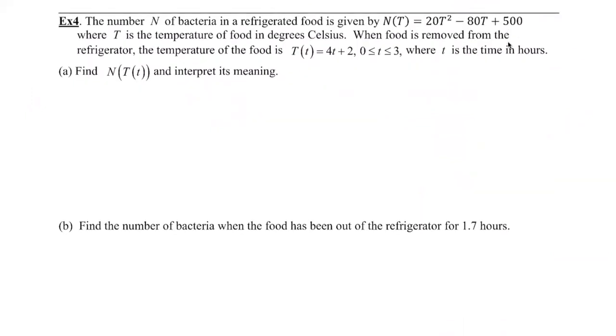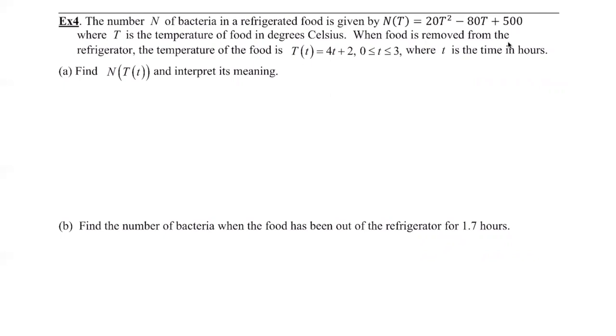Example 4 says that the number n of bacteria in a refrigerated food is given by n of capital T equals 20T squared minus 80T plus 500, where capital T is in degrees Celsius.